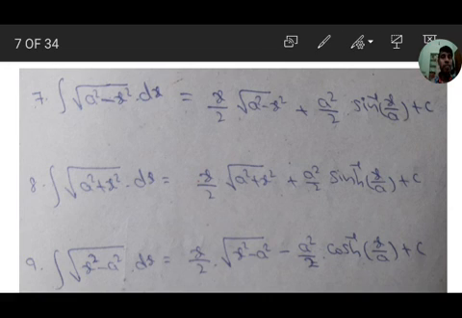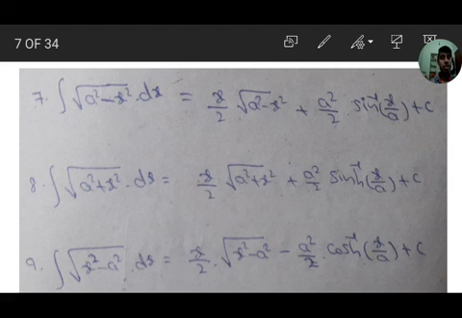Integration square root of a square minus x square dx equal to x by 2 into square root of a square minus x square plus a square by 2 into sin inverse x by a plus c. Integration square root of a square plus x square dx equal to x by 2 into square root of a square plus x square plus a square by 2 into sin h inverse x by a plus c.